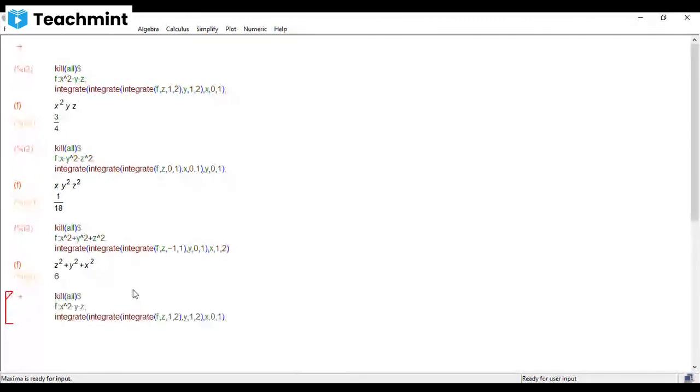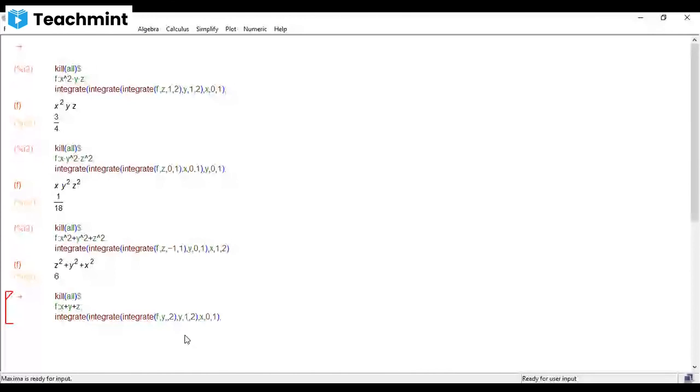Now let us see the next one. What was your next problem? It is x plus y plus z. First you have to integrate with respect to y, and y varies from where to where?